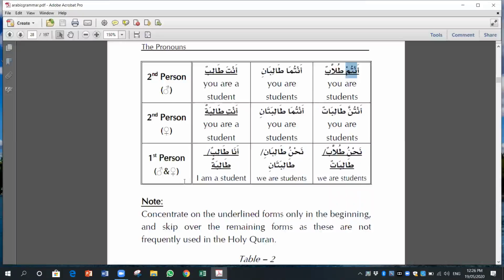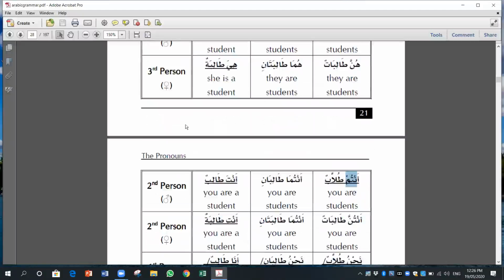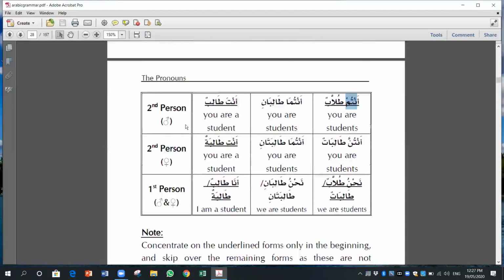That's why you can't see two columns now. Before we had two columns for third person and for second person, showing male and female different. But on first person, it is the same for male and female, masculine and feminine.